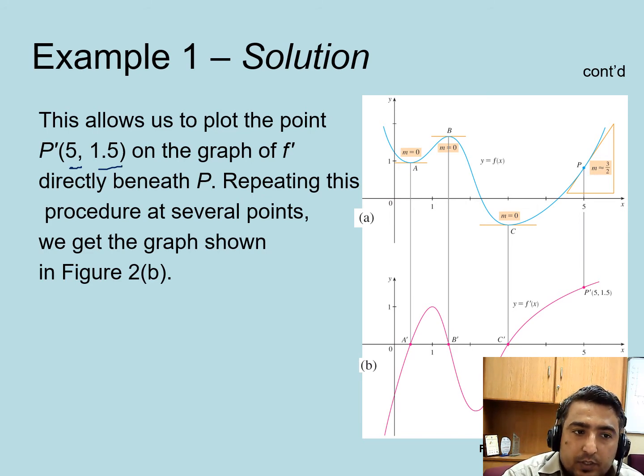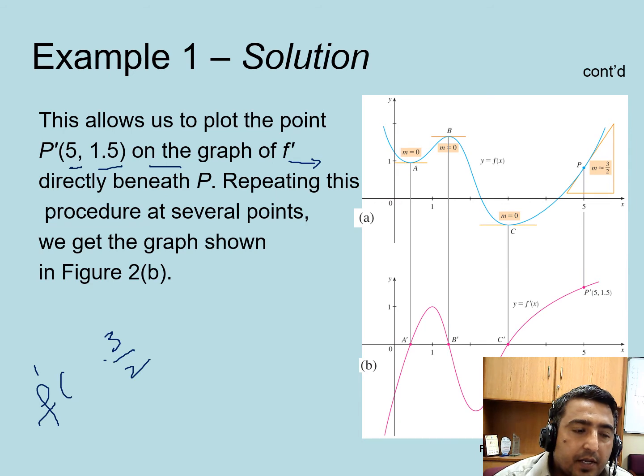So this allows us to plot a point on the graph of f prime. For this point, f prime will be 3 by 2. So f prime at 5 is basically 3 by 2, as we see.